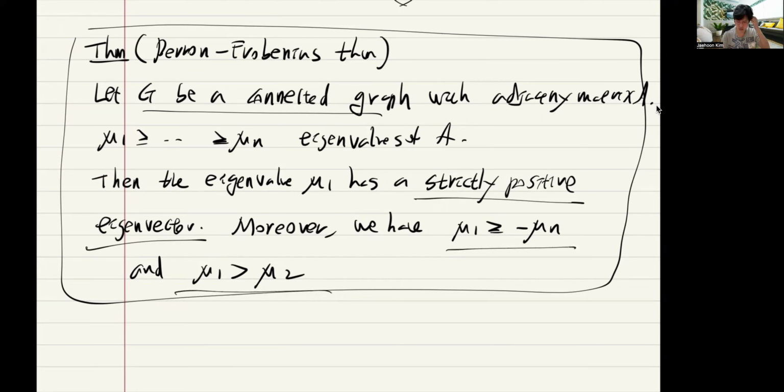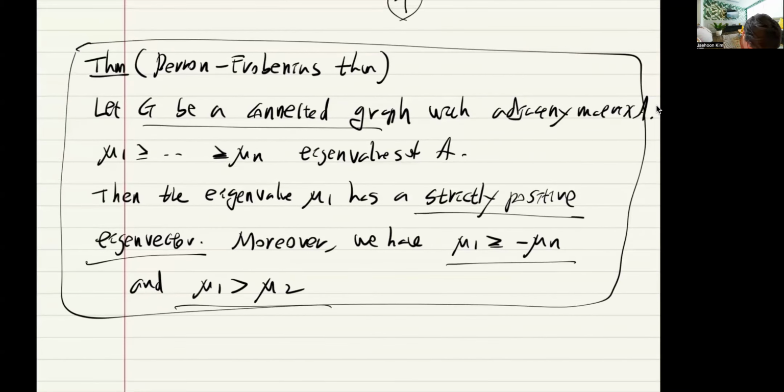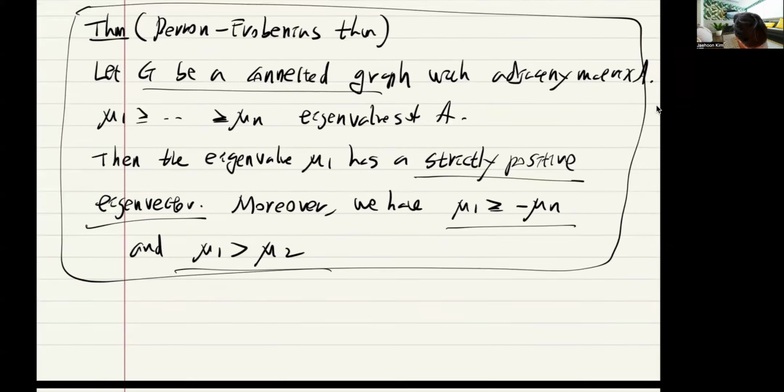Moreover, this inequality also holds. The proof of this theorem is not too difficult, but we will omit the proof because I want to cover more things rather than just providing a proof of this.